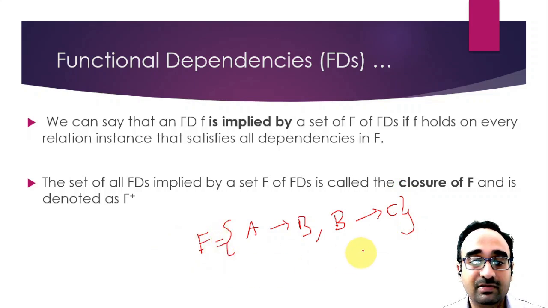From these FDs, how do you find which other functional dependencies are implied? That will be called the closure of F, denoted by F plus. By using these two FDs, you are finding more FDs which are implied by this set.